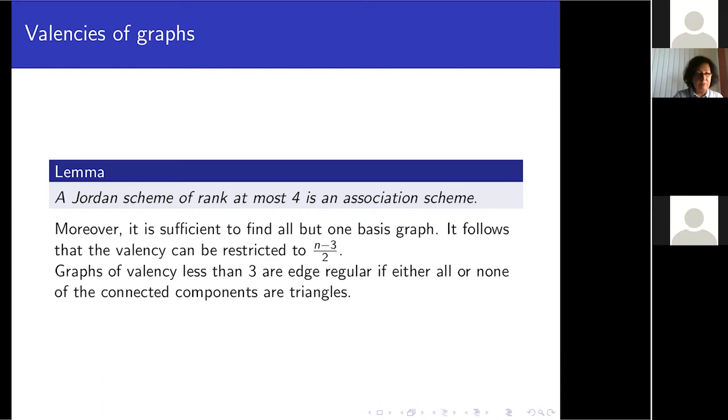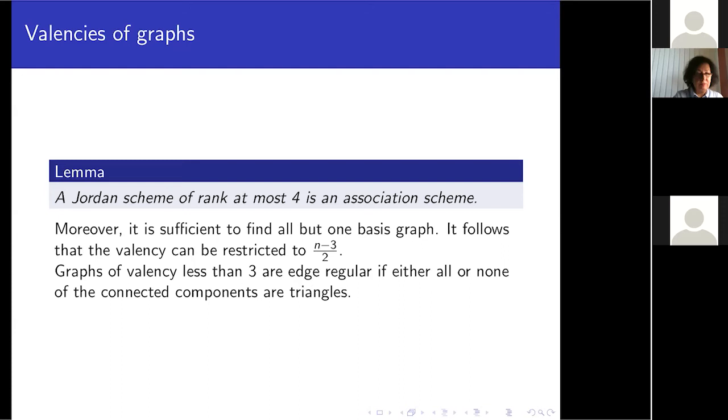So it's sufficient to look at all basis graphs except for the one with the largest valency, and this means that the valency can be restricted to (n-3)/2.